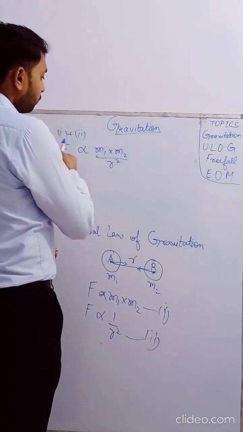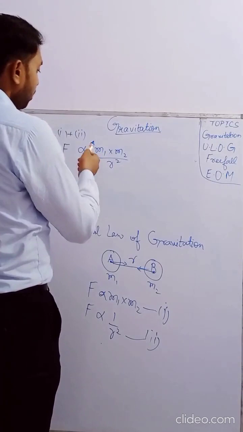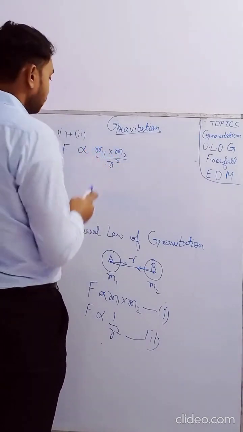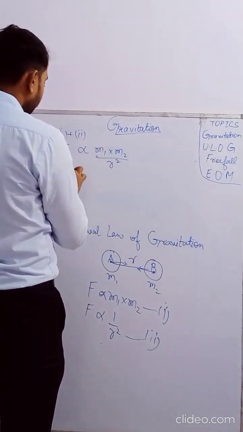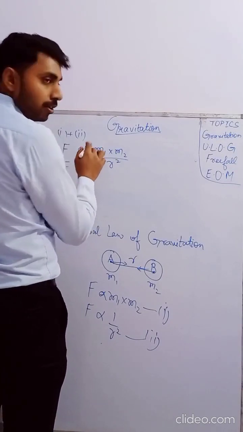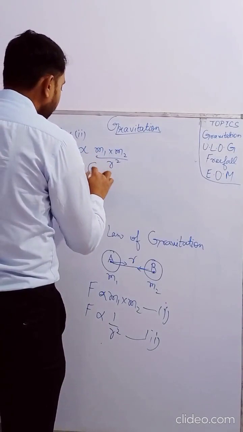So we get a formula for the force of gravitation, proportional to the product of their masses and inversely proportional to the square of the distance. But there is a proportionality symbol here. If we remove the symbol, then we get a constant, and the constant is called the gravitational constant, denoted by G.